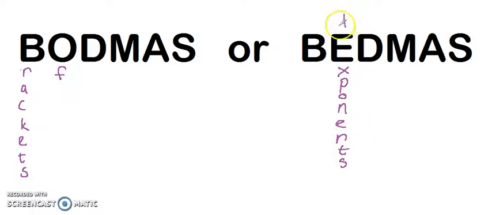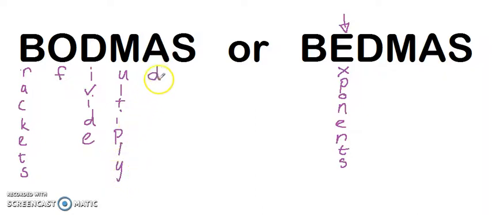But really most of the time it's exponents. Then you've got your divide, and you've got your multiply, and you've got your add, and your subtract. So whenever you do any kind of problem, you always need to follow BODMAS. As you can see, BEDMAS, the only difference is exponents.